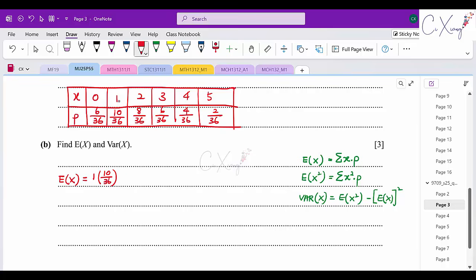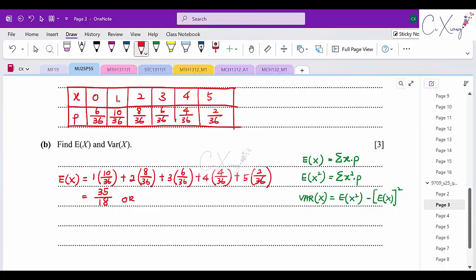Then repeat the same thing for the rest of the values of the x. So when x equals 2, multiply with the probability 8 over 36. When x equals 3, multiply with the probability 6 over 36, and so on. When you multiply everything together and add them together, you'll have 35 over 18.